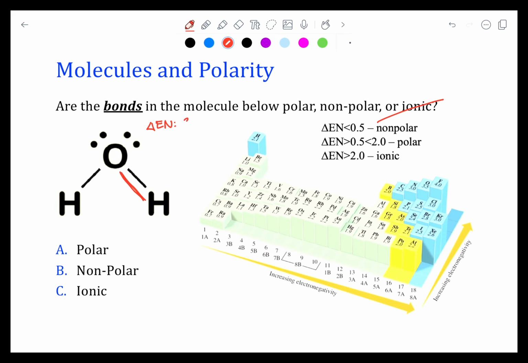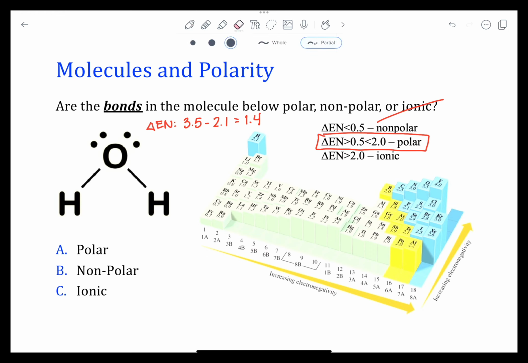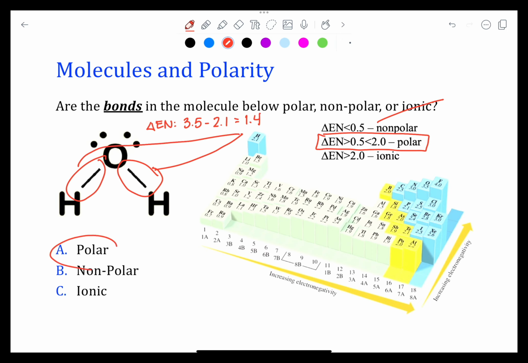So oxygen has an electronegativity of 3.5. Hydrogen has an electronegativity of 2.1. So that's a difference of 1.4. That falls into our second category, meaning that this bond and this bond are both polar.